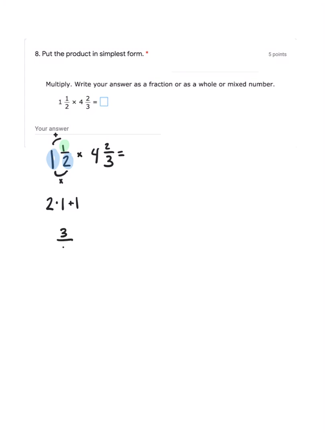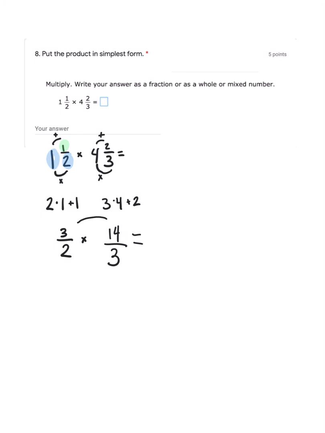Okay, so 3 halves times, now do the same thing here, 3 times 4 is 12, plus 2 more, gives me 14 thirds. Your denominator stays the same.